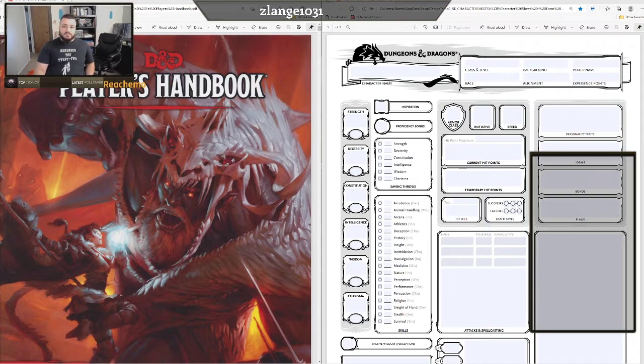To get started, we have a PDF file over here of a form-fillable D&D 5e character sheet. The first thing that I like to do when creating a character is get an idea in mind of what I want to play.